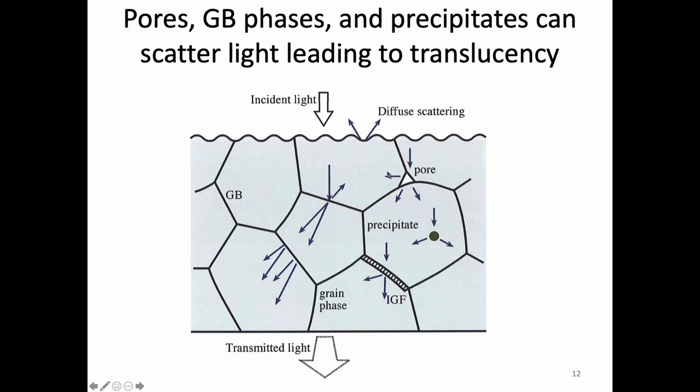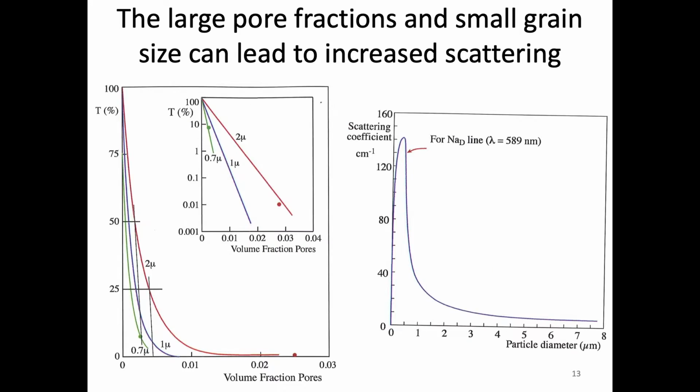All of these things, basically defects, can cause scattering. And so the goal then, if we want to get transparent materials, is to eliminate defects, or have them in certain size ranges. And we'll see that in the next slide.